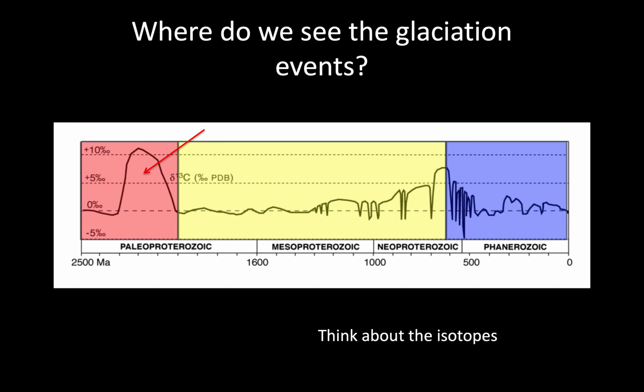So what we're going to see at this point here is our great oxygenation event, but where do you see the glaciations, the snowball or slushball Earth? Anywhere we see more carbon-13, because we're burying all of that carbon. Temperatures are dropping. So this is exactly where it's happening.